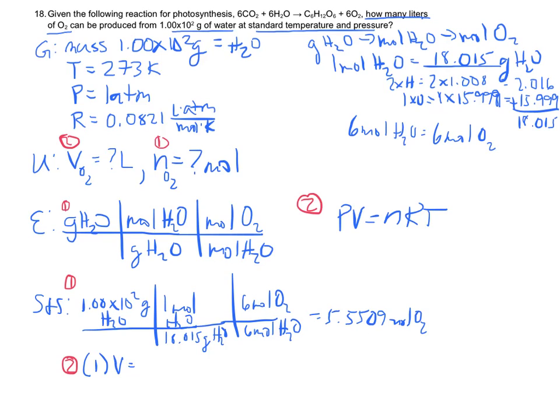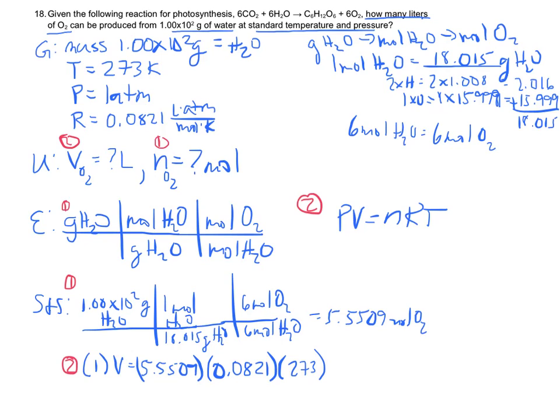So we have pressure of 1 atmosphere times our volume is equal to our number of moles, which we just found doing the conversion, 5.5509. Right, and we're going to multiply that by our gas constant, 0.0821, and by our temperature, 273. Okay, so the first thing we need to do is multiply these 3 numbers together, and then divide by 1, which is really nothing at all.